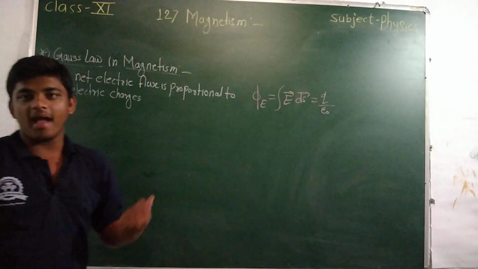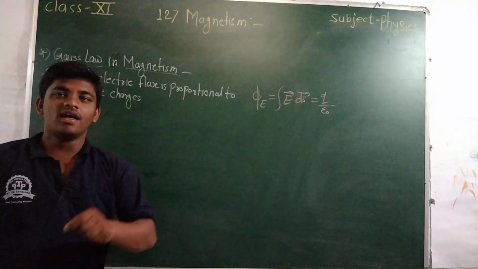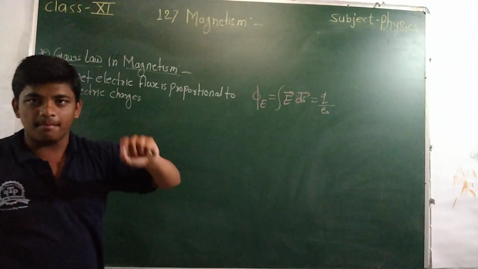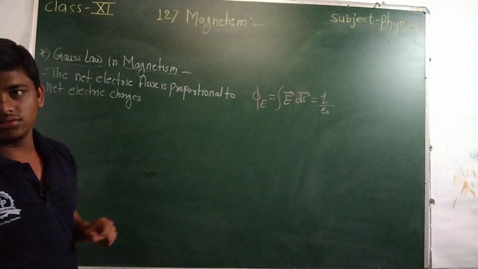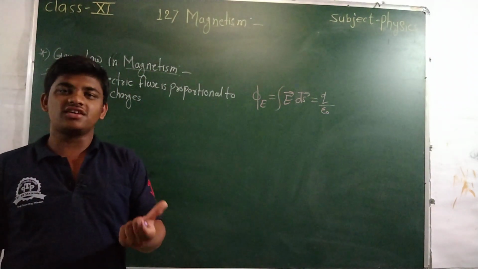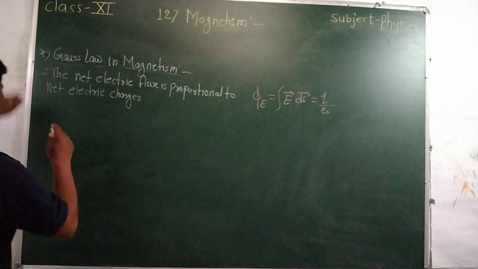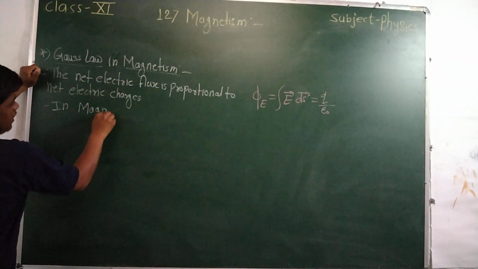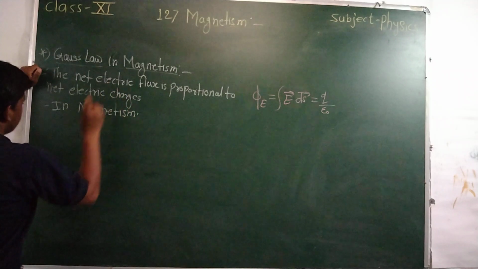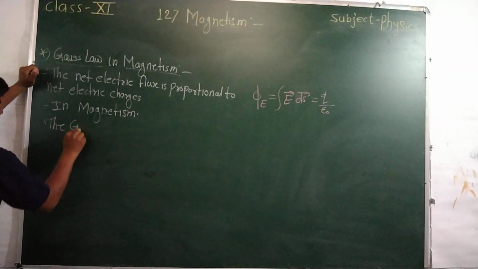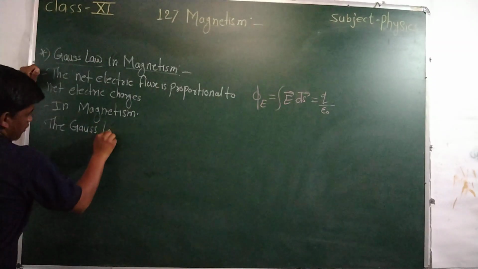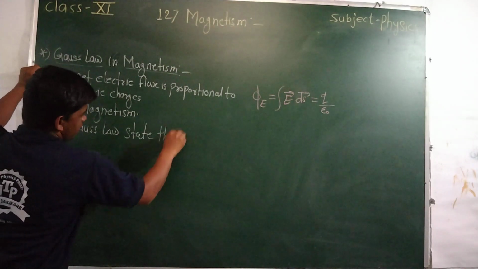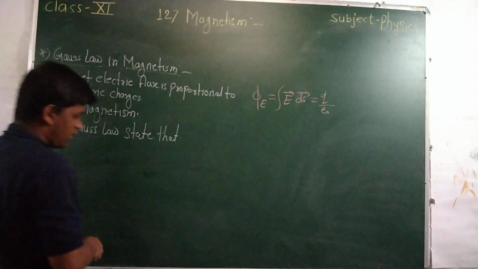In the Gauss law in magnetism, the law states that the net magnetic flux, not electric flux, the net magnetic flux phi B through a closed Gaussian surface is 0. I will use different colors.